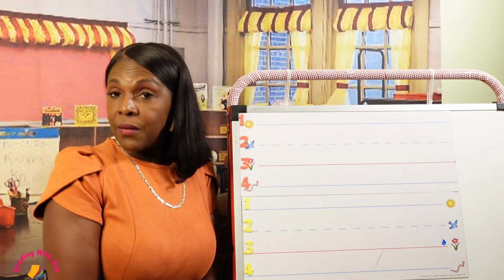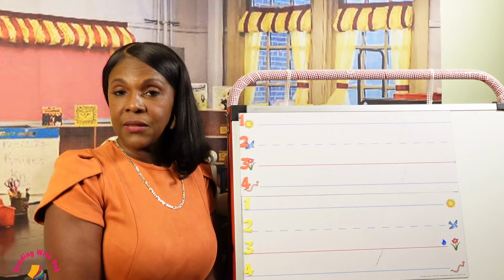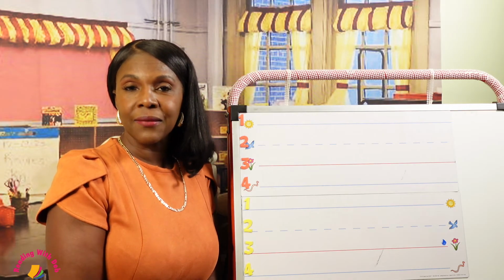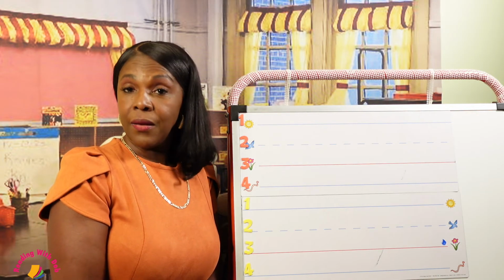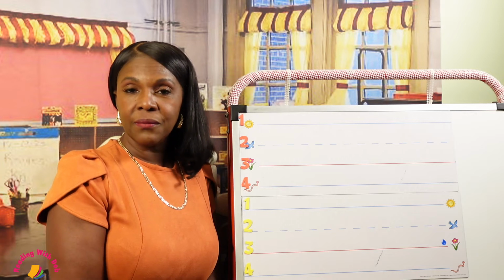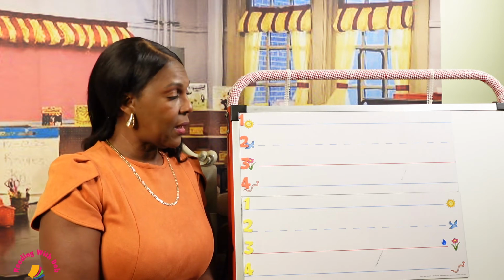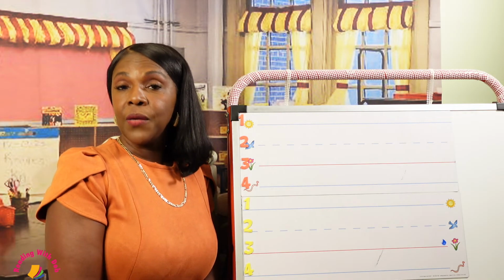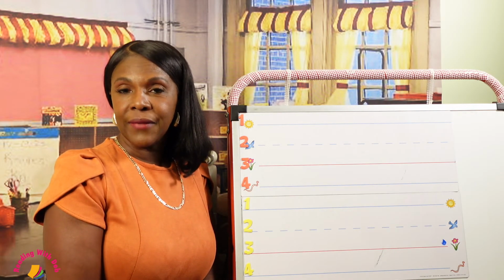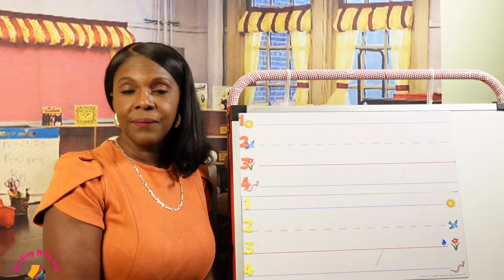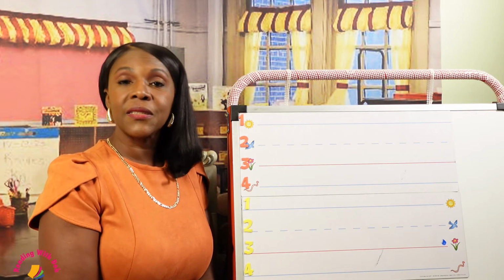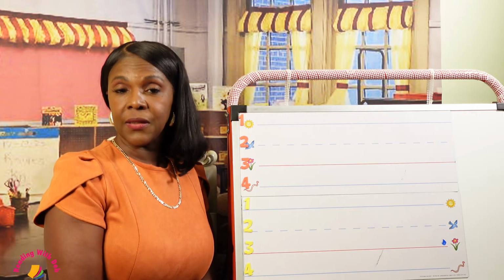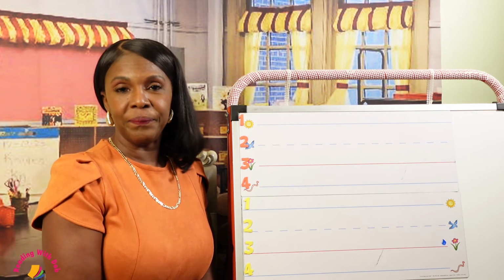Now, when we write a sentence, our sentence must start with a capital or uppercase letter. Space between each word. And since this sentence is telling us something, then we have to use a period at the end. We use a period when the sentence is telling us something. And the sentence is telling us something. It's saying, I am Sam.